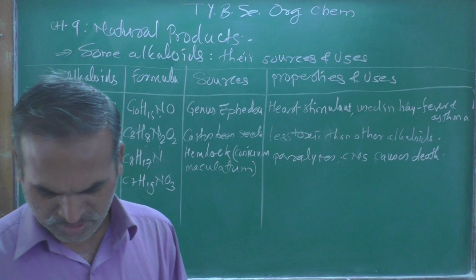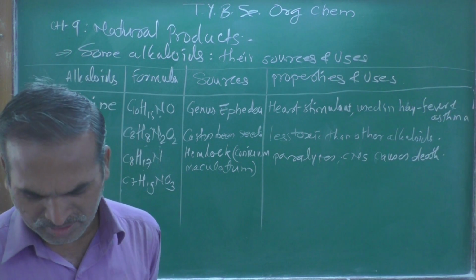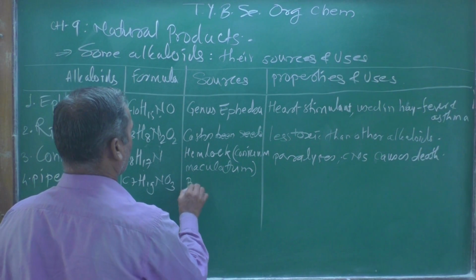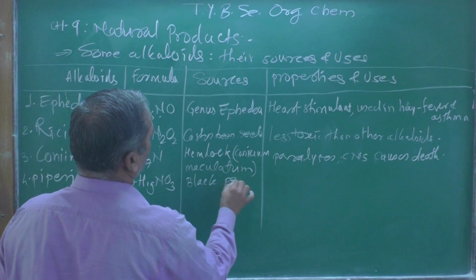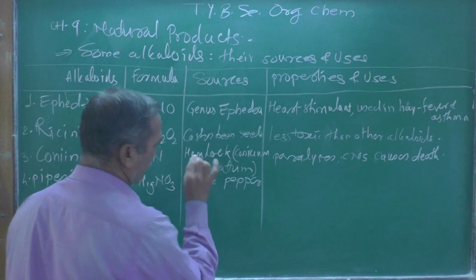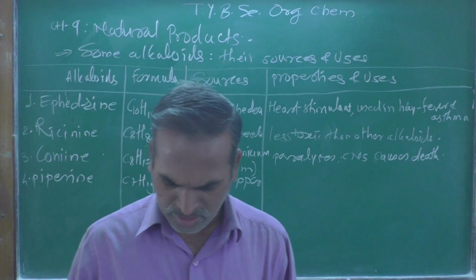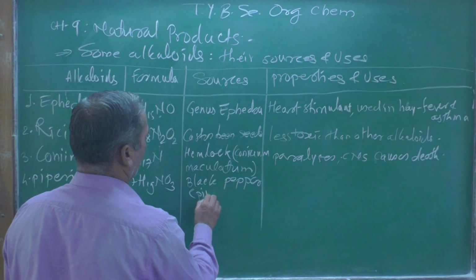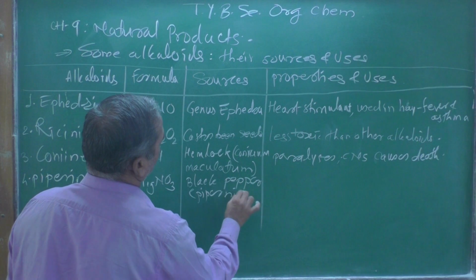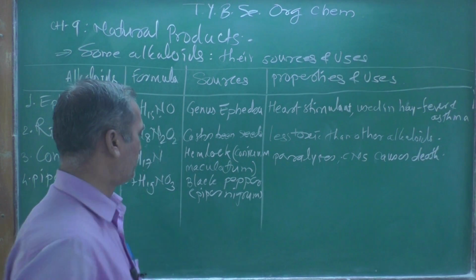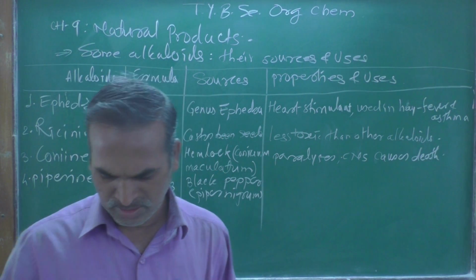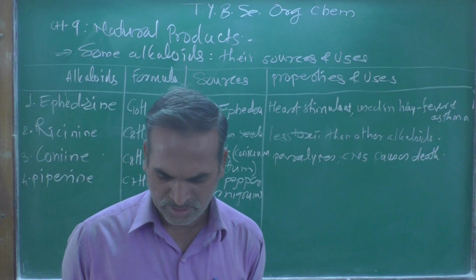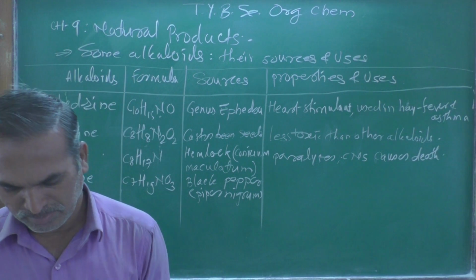The source from where it is obtained: it is generally obtained from black pepper, in brackets, generally Piper nigrum, that is the name of that plant.